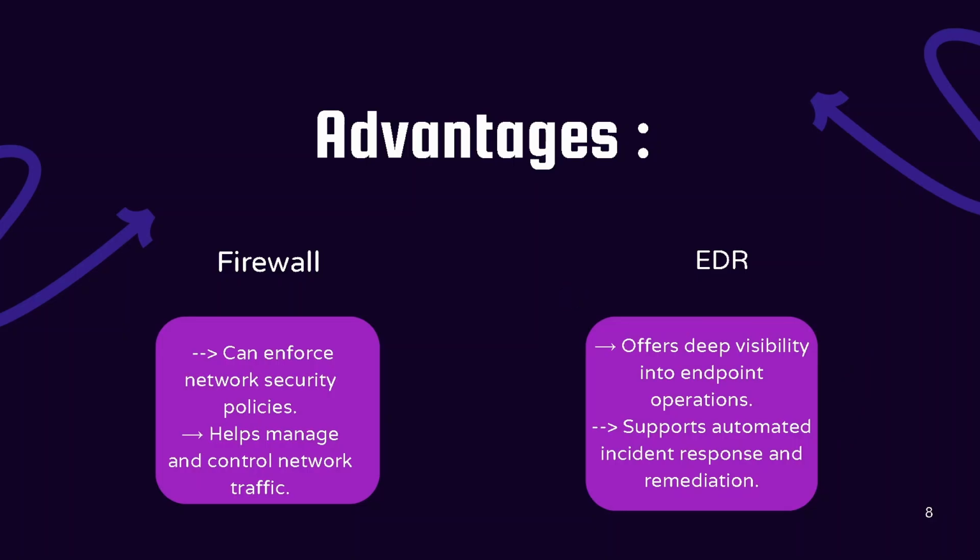What advantages does a firewall offer? It can enforce network security policies, and help manage and control network traffic, just like a strainer. And EDR, what does EDR do? It offers deep visibility into endpoint operations.